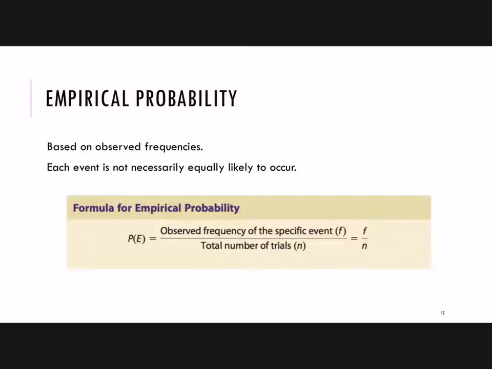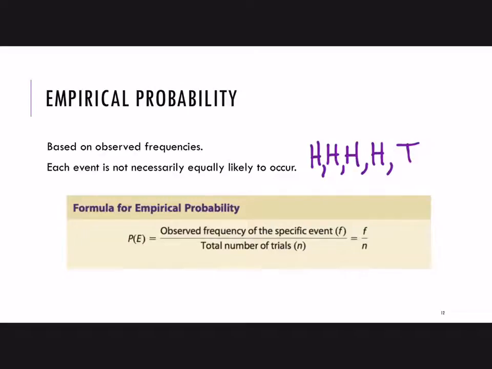If the experiment was flipping a coin, maybe in real life it's not equally likely that you would get a heads as opposed to a tail. So maybe in a real experiment, you get heads 4 times and you get tails only once.